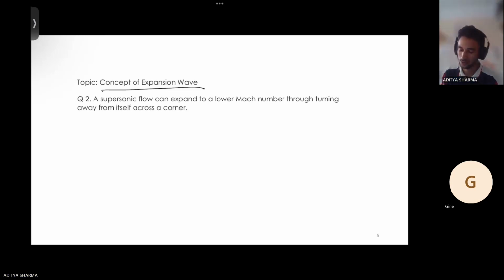There are a couple of things. First of all, the flow is supersonic, and then it is expanding to a lower Mach number, then turning away from itself across a corner.